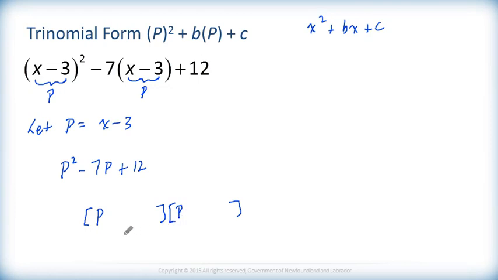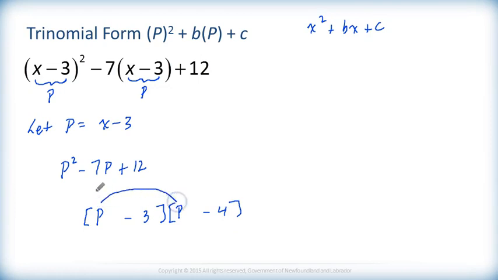Now, the second terms of the brackets must multiply to give 12. We have options there, like, for example, 1 and 12, 2 and 6, or 3 and 4. But they must not only multiply to give 12, but we must get a middle term that's negative 7p. So the pair of numbers that actually works here is negative 3 and negative 4.